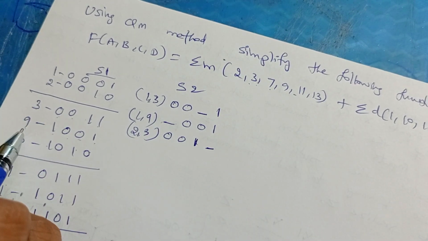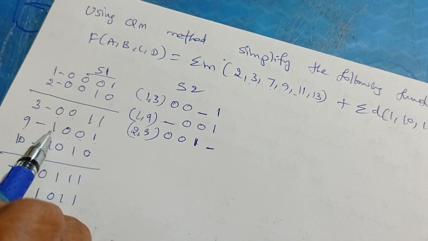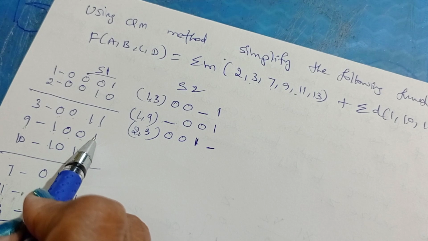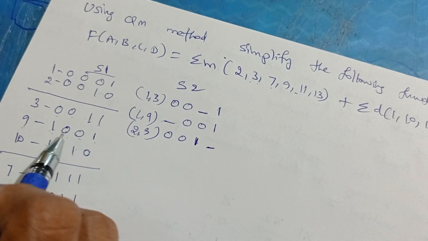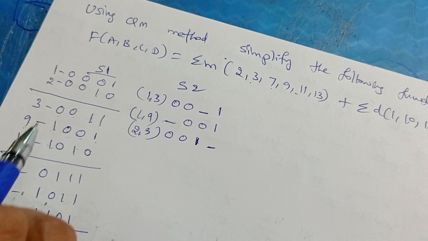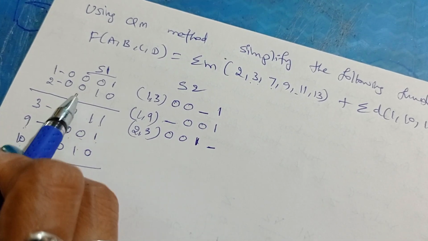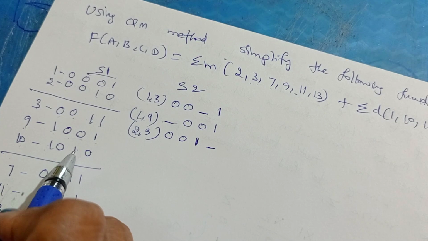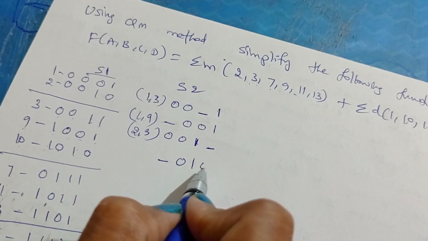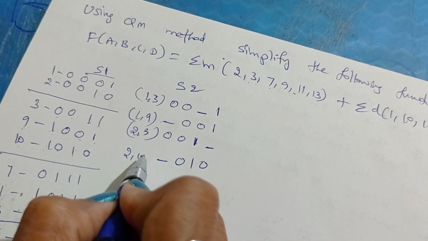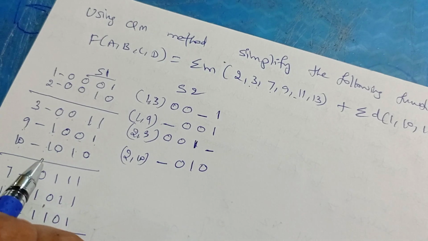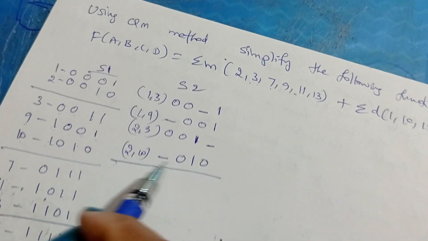Next 2 with 9. 3 changes, no, we cannot take. Next, 2 with 10. 0 changing to 1, the rest constant. So hyphen 0, 1, 0, 2 with 10.